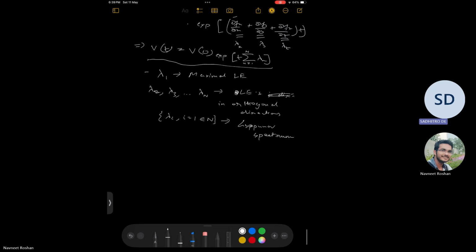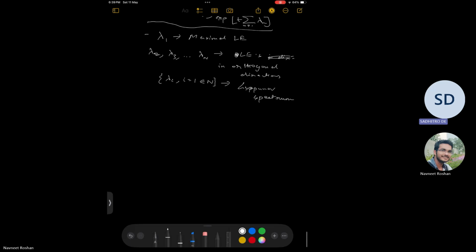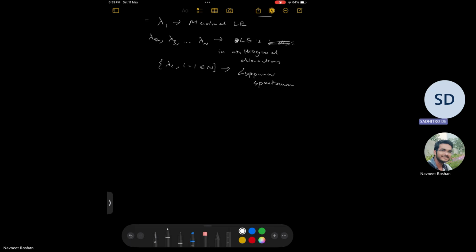We saw that the contraction of the volume depends upon this summation, n equal to 1 to n, of lambda n. If this is negative, it implies volume contraction in the phase space.